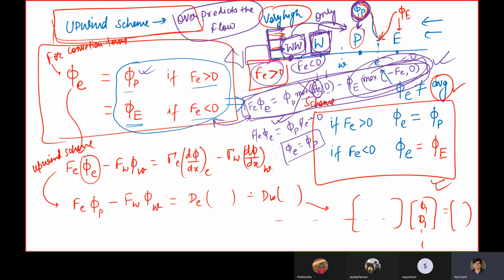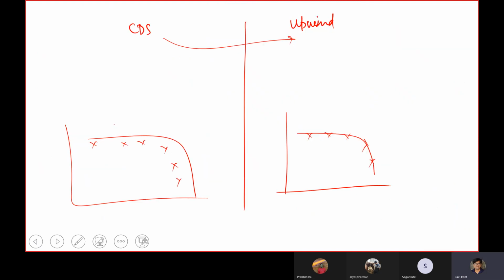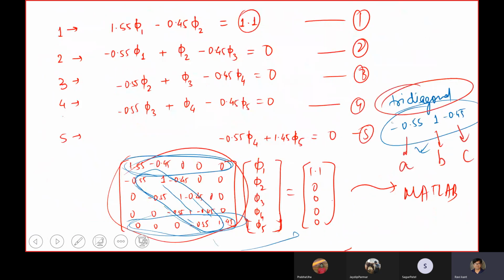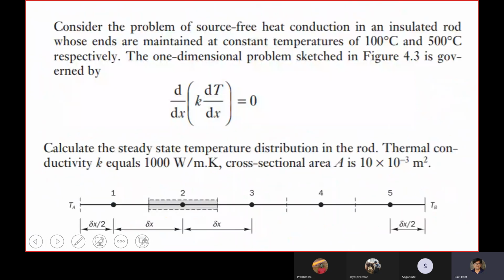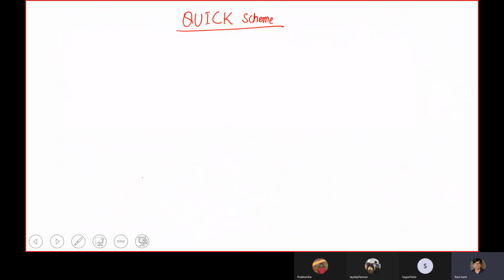But at least we can take two neighboring cells to estimate my phi P. So there comes the new scheme, which optimally predicts the flow scenario, whereas your upwind scheme essentially overpredicts things.